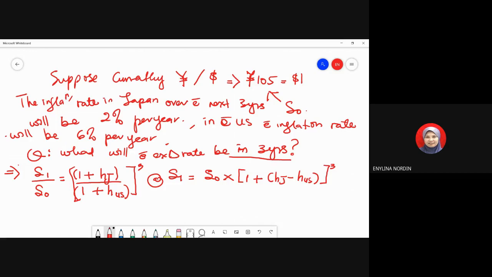So if you rearrange the formula, or if you don't want to rearrange, it's up to you which one you want to use.